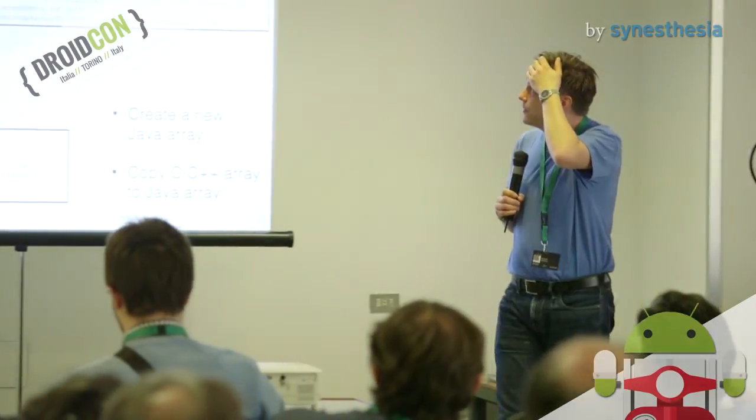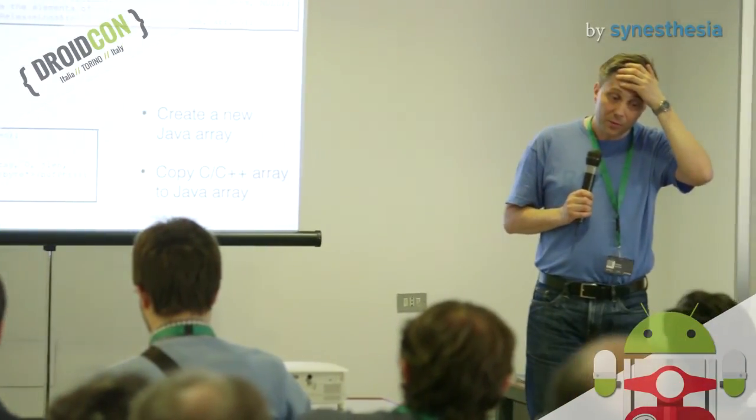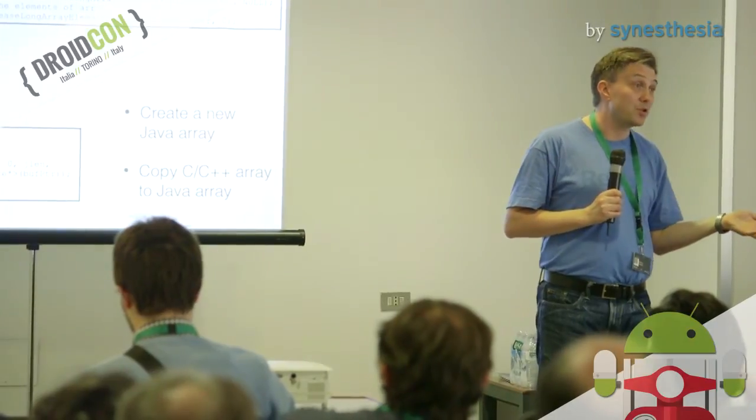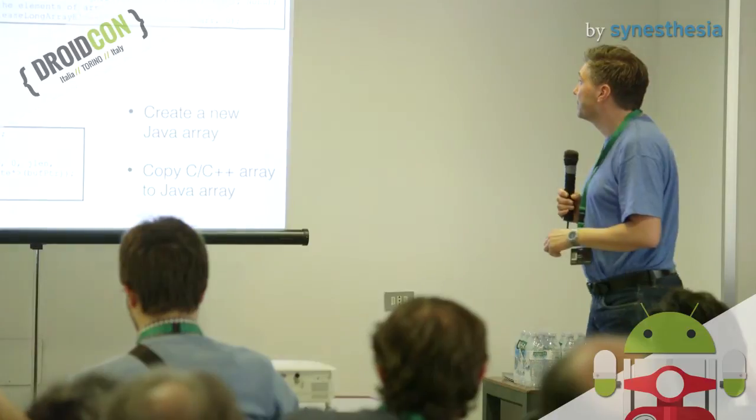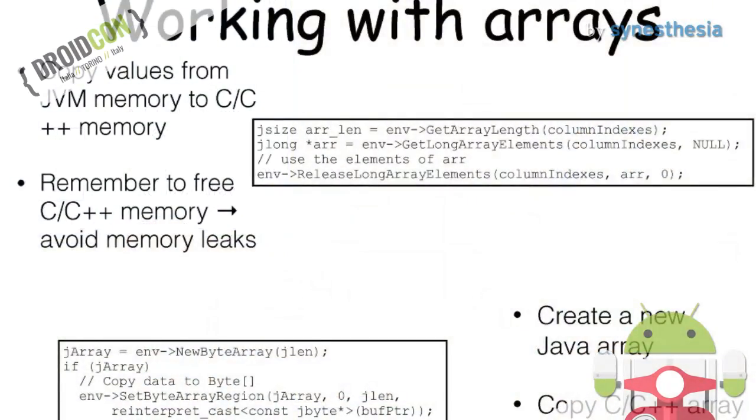Working with arrays, well, you have to copy the values of your array from the virtual machine's memory, from the heap, to your C and C++ memory. And that is not trivial. You have to get the length of your array, then you have to get the elements, and after you use them, you have to remember to free the copy of all your values.